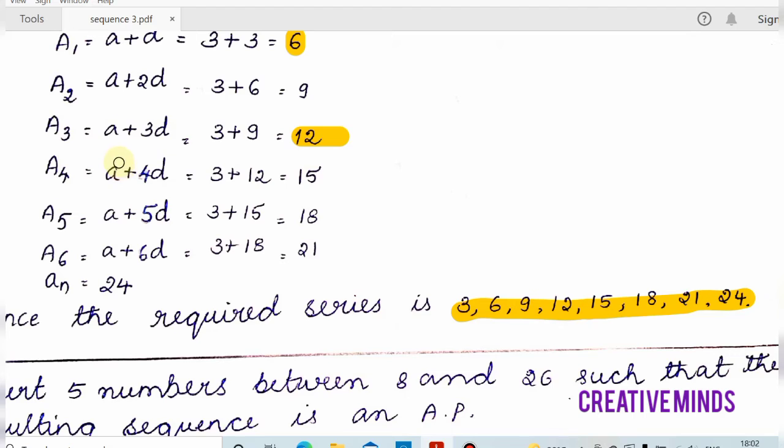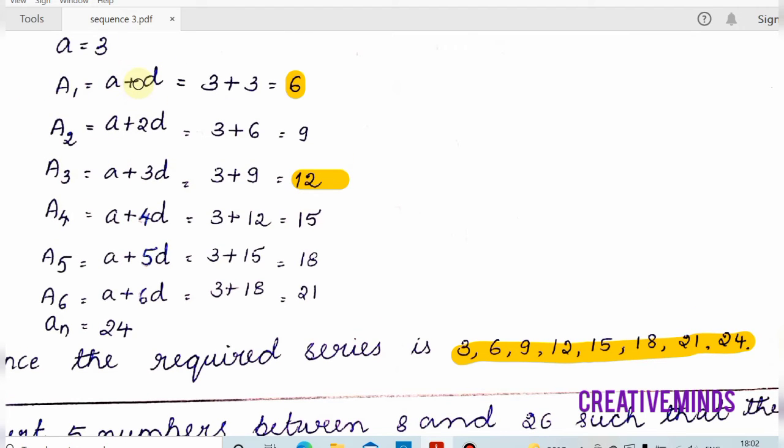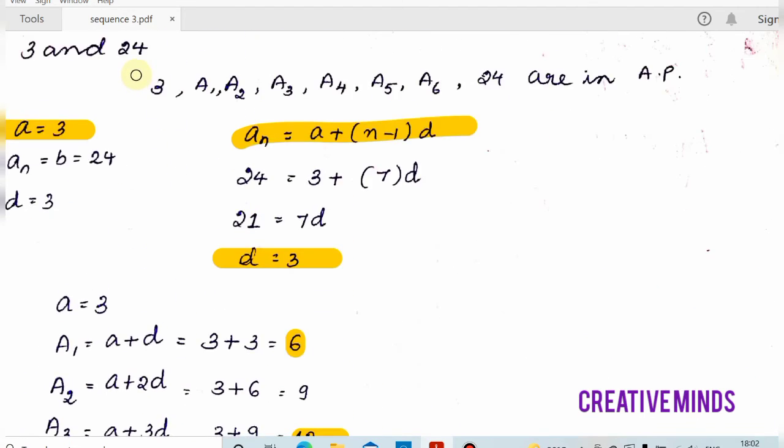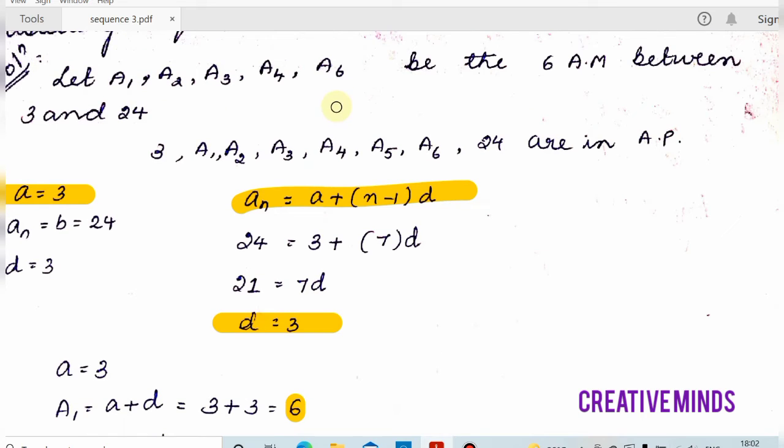Why A1 is equal to A plus D? Because this is in AP, right? 3, A1, A2, A3, A4, A5, A6 which are in AP. So A plus D, A plus the common difference, is equal to the next term.